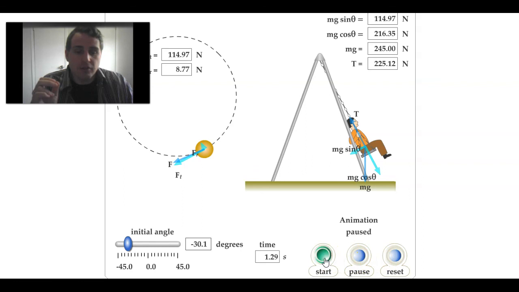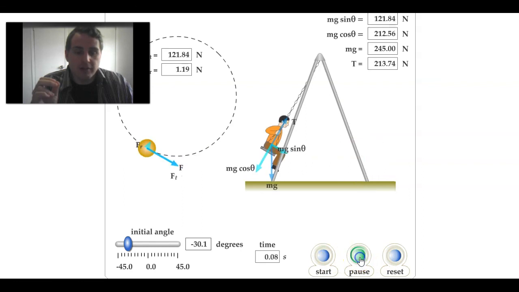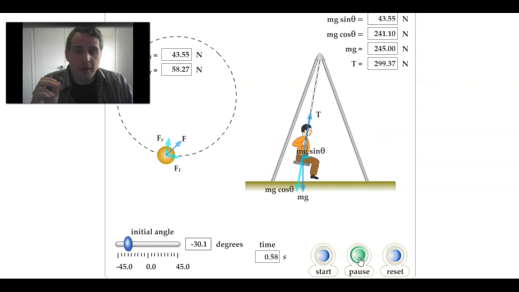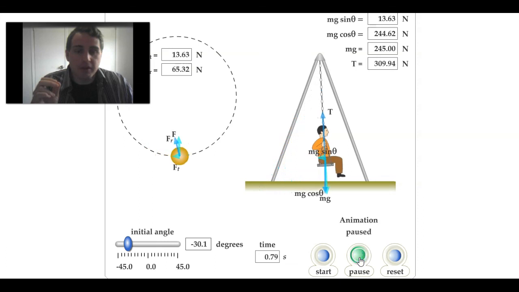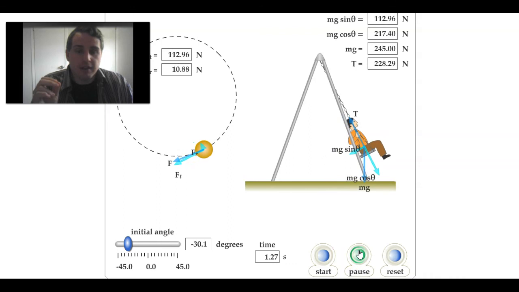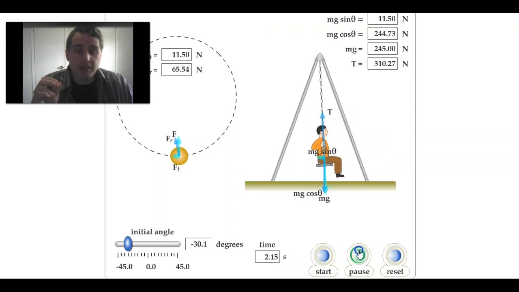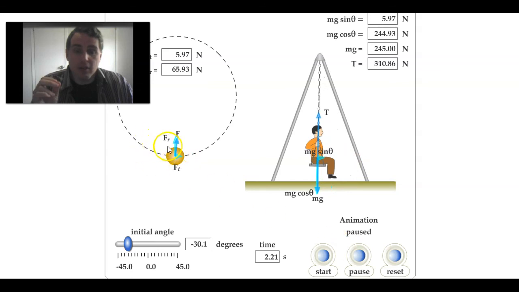Then, you'll notice that when the object is at the bottom of the swing, the tension force is greatest, and that's because we're moving the fastest right there. So the tension force is, again, equal to mg cosine theta plus the radial, or the centripetal force. So, this is what we mean by non-uniform circular motion.